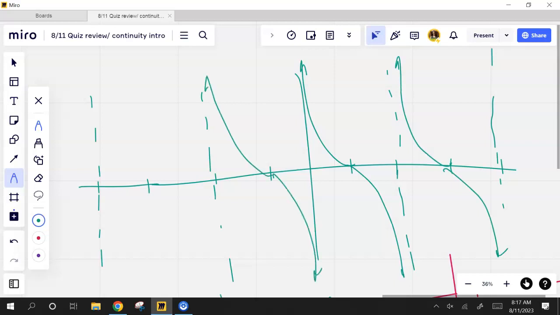Remember, cotangent just looks like the flip of tangent. It keeps going forever, right? If I'm looking for asymptotes, you would know where the bottom equals 0.